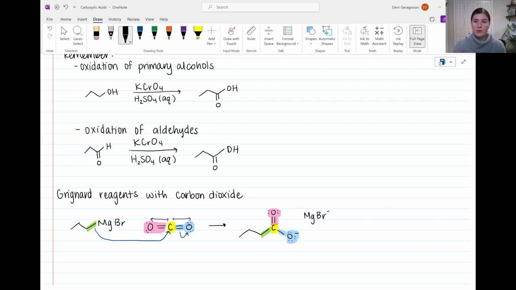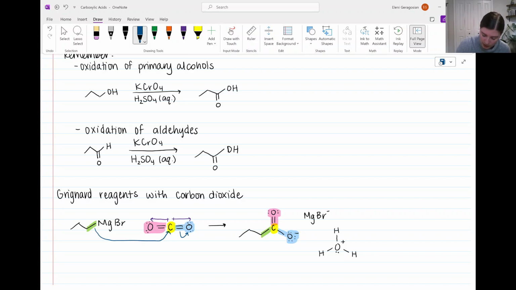Okay, now we're almost at our carboxylic acid product. The last thing we need to do is protonate that negatively charged oxygen. So the last thing we do is add something like H3O+, so acidic water, because this is a good proton donor.